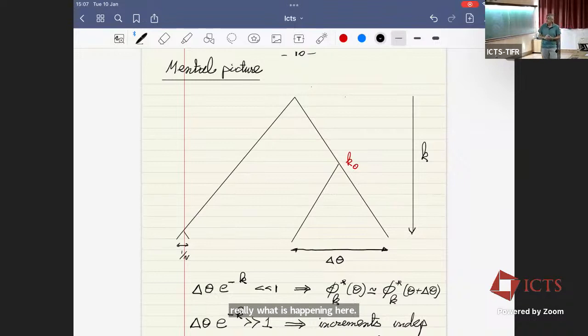So the mental picture is that there is a certain k0. Now, I'm sorry, but I switched to notations in which k goes from 1 up to log n, because that's the picture I want to have.